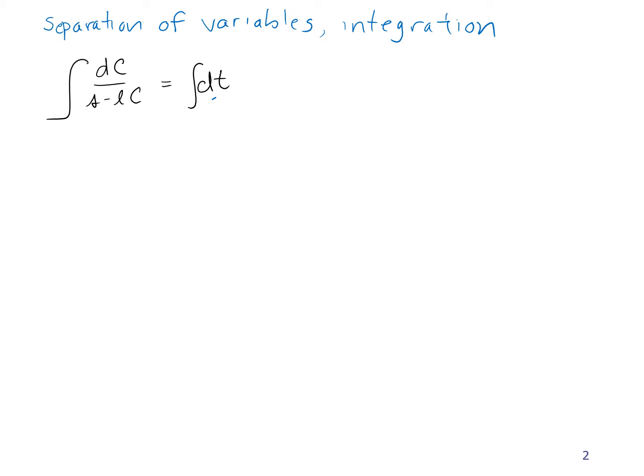On the other hand, I could integrate with limits, but we're going to do it this way with a constant of integration coming out. So I integrate this and I get minus 1 over L, because that's in front of the C, times the natural log of s minus LC is equal to t plus just some constant of integration, which I'm going to call A.